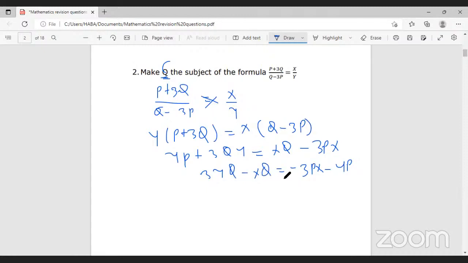Okay. So after this, since Q is common, we are going to factorize it out.